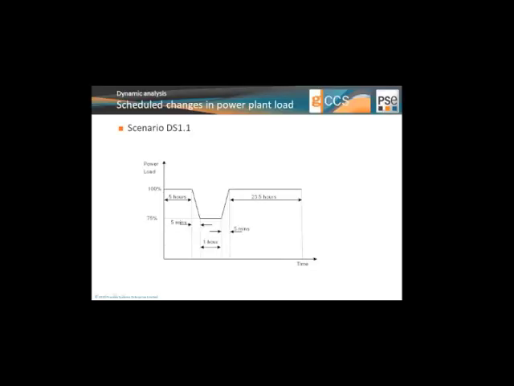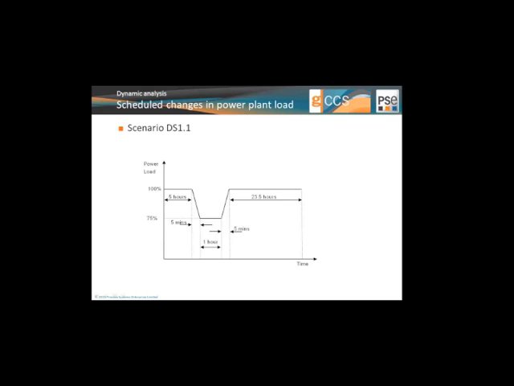Now, with respect to dynamic analysis, we wanted to test the capability of the tool to simulate rather challenging dynamic scenarios. So we have rapid changes in power output on the plant, and we also, as a secondary measure, wanted to check what effect these changes would have on the CCS chain according to our model predictions.